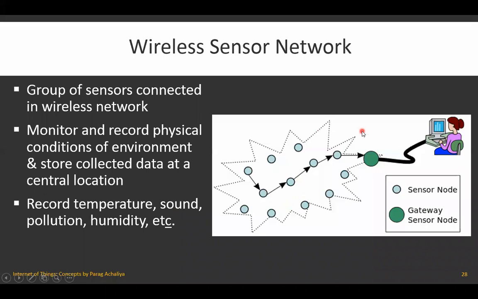What we can see here, these balls are nothing but various sensor nodes. The data will be generated by these various sensors. All that data will be transmitted to a server via one particular network, and that network will be wireless in nature. So this diagram tells you that this network has various sensors, and it is wireless up to this gateway sensor node. From this sensor node, the data will be transmitted either to a server or to the cloud. That is nothing but your wireless sensor network.